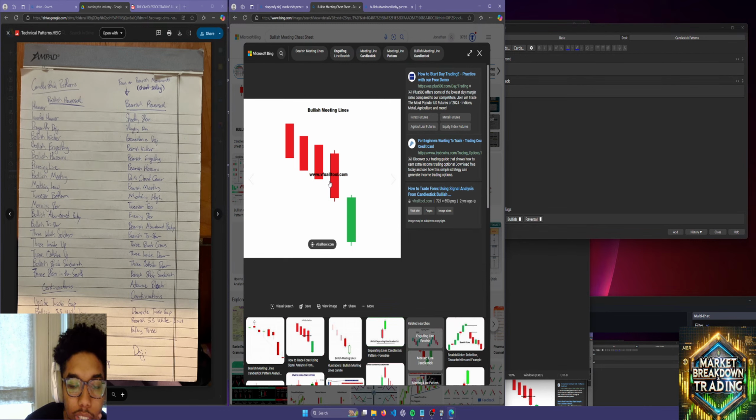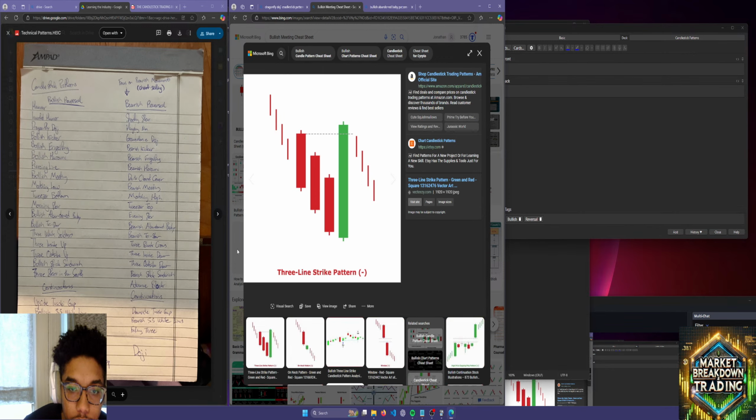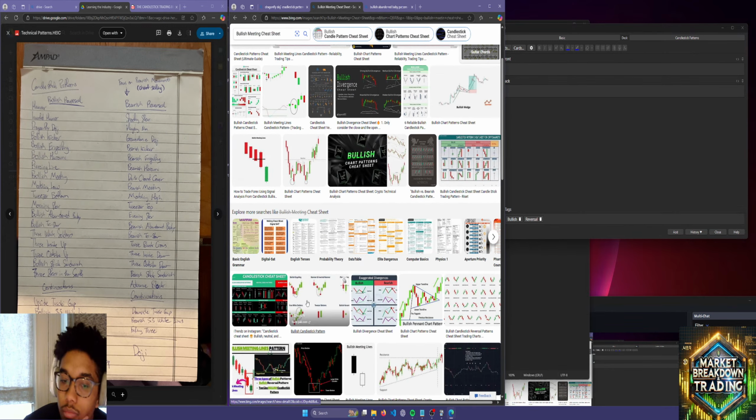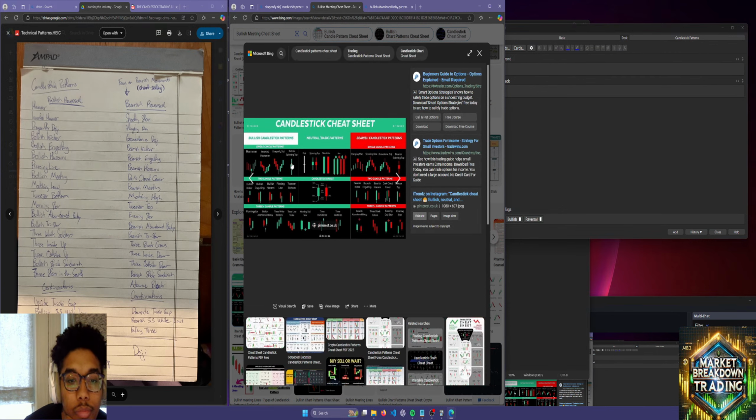So you have a bunch of bearish candlesticks, and then they meet. Basically, a bullish candlestick closes at the bearish candlestick open. I really like this one.